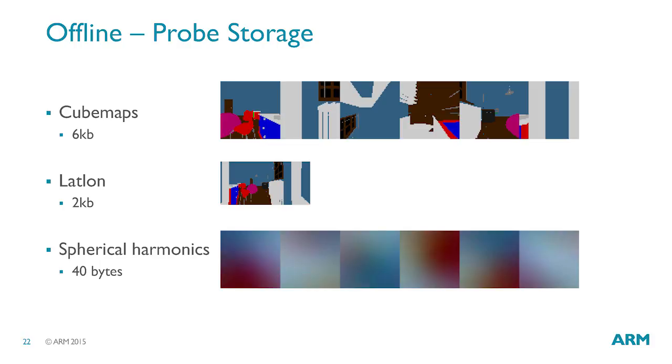Latitude-longitude also has issues, at least when you sample from the poles of the sphere, you can run into texture warping issues. Cube maps have the best quality, but there's a consideration to take into account, basically how many probes you're using and the quality you want.